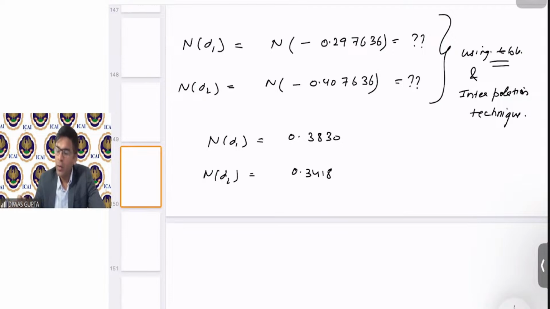So students, if we use the table and interpolation technique, we will arrive at 0.3830 and 0.3418.